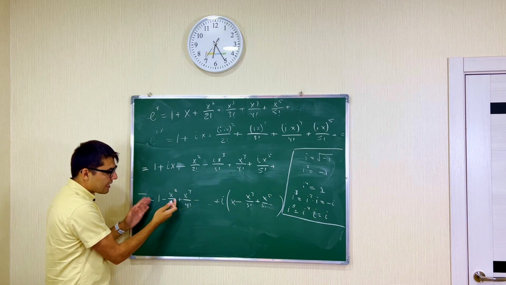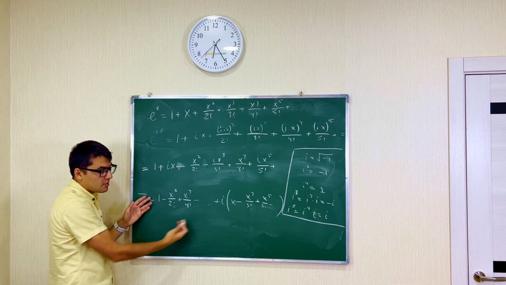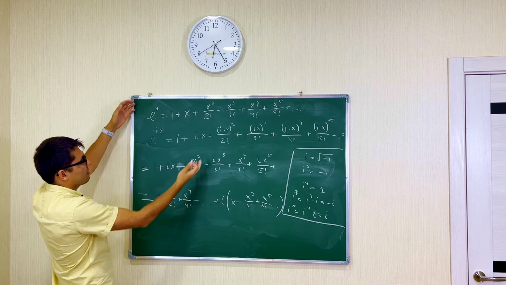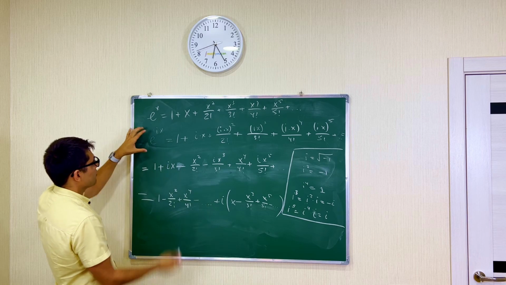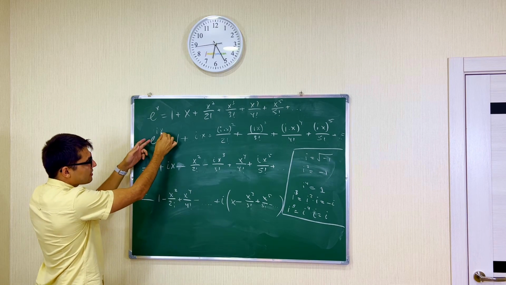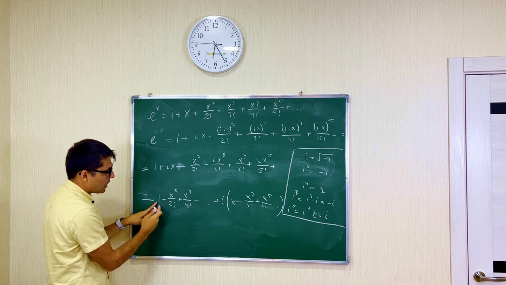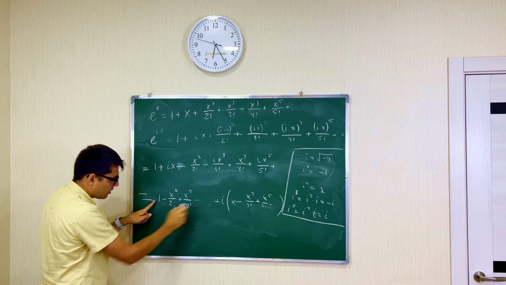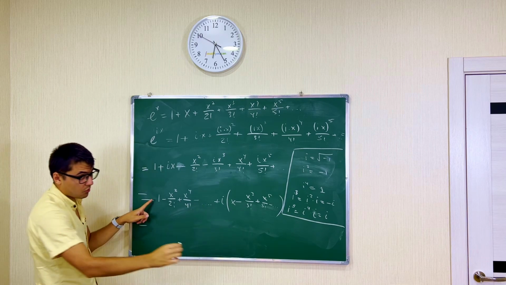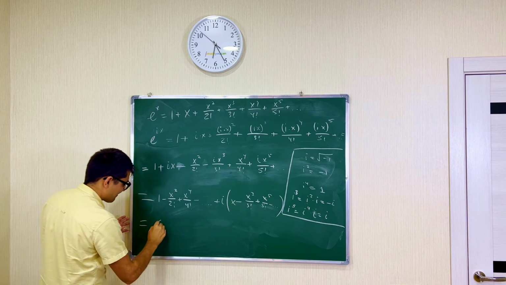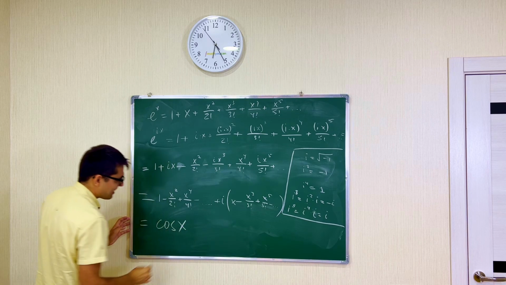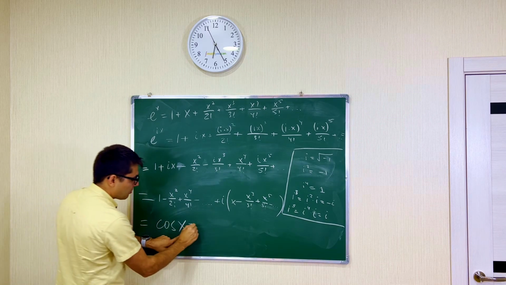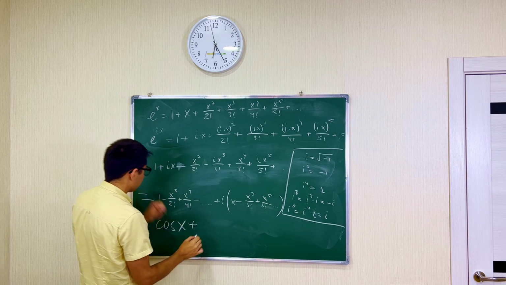You can recognize the Maclaurin series in different areas. Like here is e to the power of ix, and surprisingly, now we have a Maclaurin series for, that's the Maclaurin series for what, guys? Cosine. Yay!